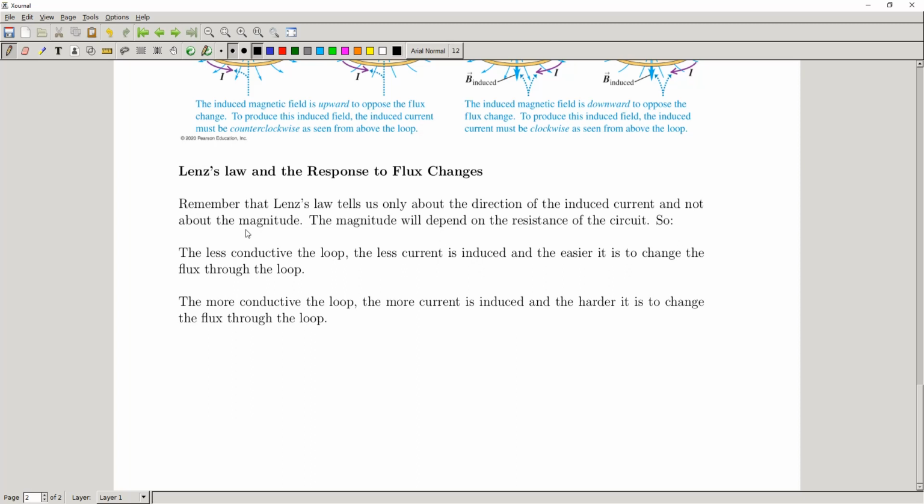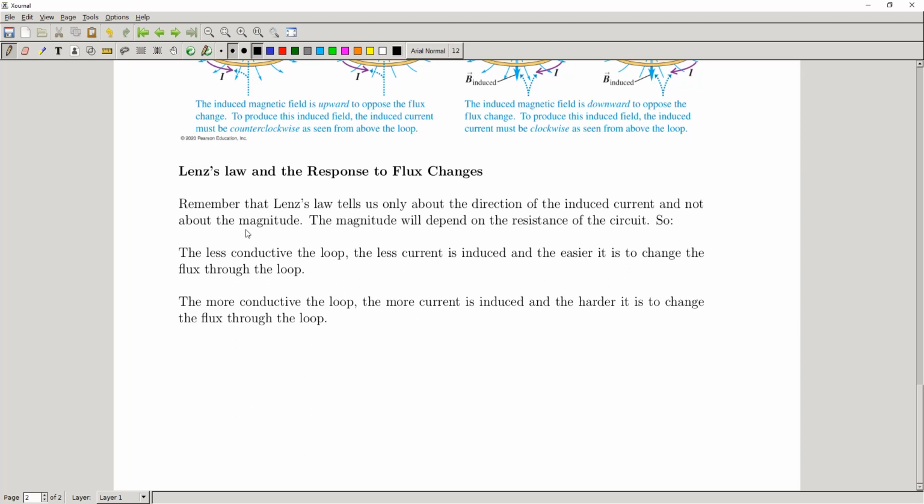Because the I is larger, we have a harder time changing the net magnetic flux through the loop, because this loop is trying to counterbalance what we're doing. It's setting up a fairly large current, and so a fairly large magnetic field that is going to oppose what we're trying to do, which is changing the flux through the loop.